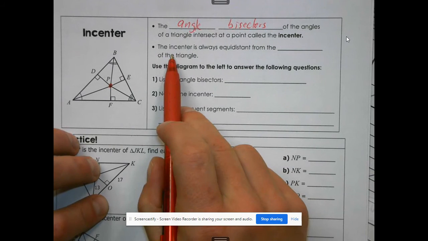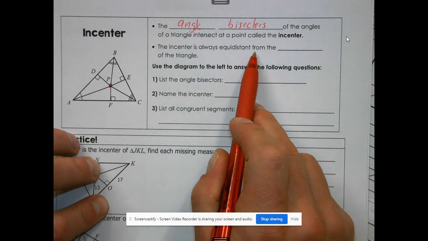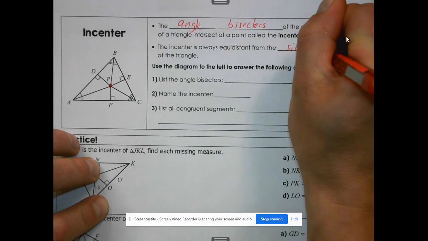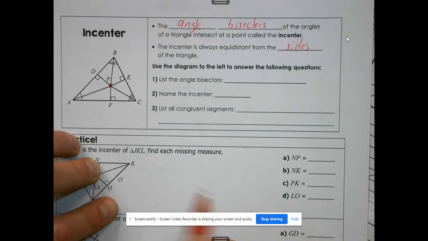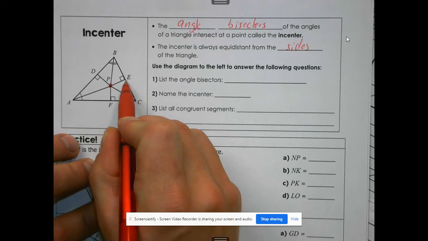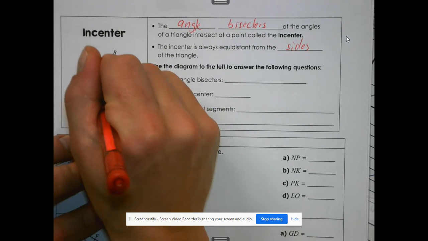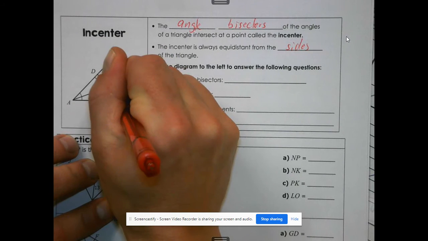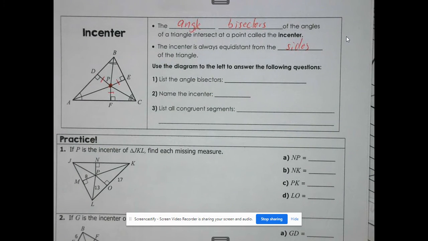The incenter is always equidistant from the sides of the triangle, which means all of these pieces from the side are equidistant. I'm going to put a little mark in there for you. Those guys are all congruent.